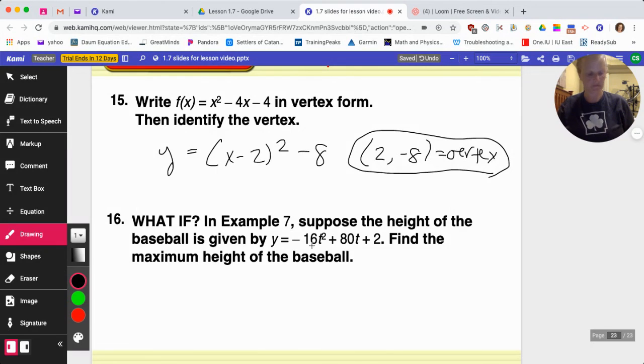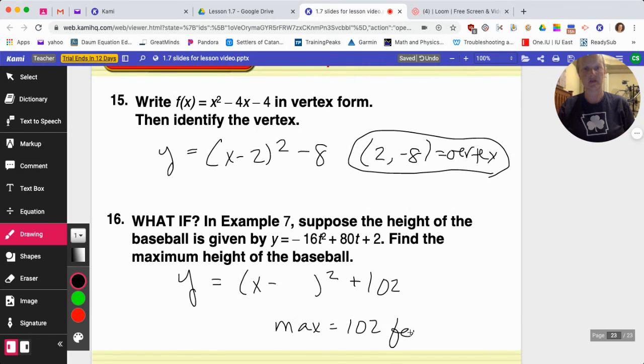Okay. Same type of problem here. It would work out to be y equals (x minus something) squared plus 102, because the maximum is 102 feet.